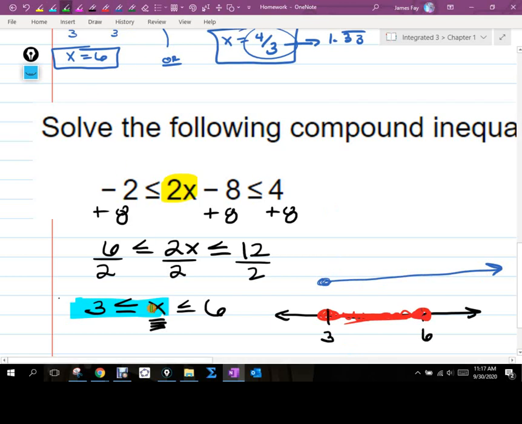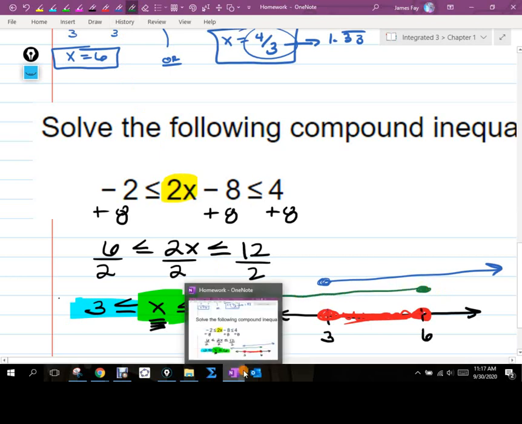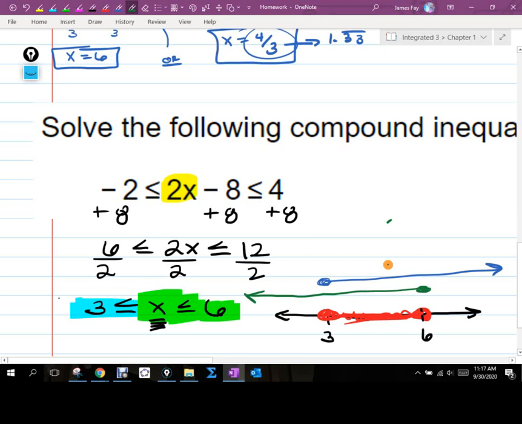And this one meant x values less than or equal to 6, so we draw that. And then we said, well, it said and, so it was the overlap, which is the red, right? But now we don't have to do that, because the way we went through the problem, it automatically set my answer up to highlight the answers between 3 and 6. Does that kind of make sense?